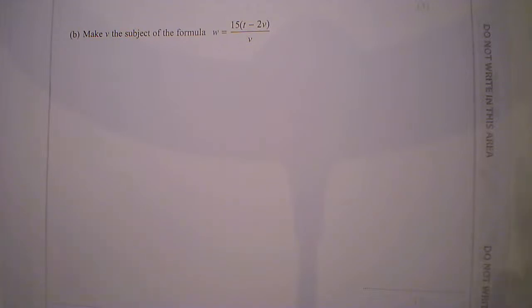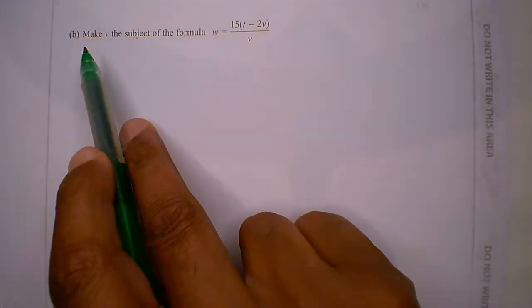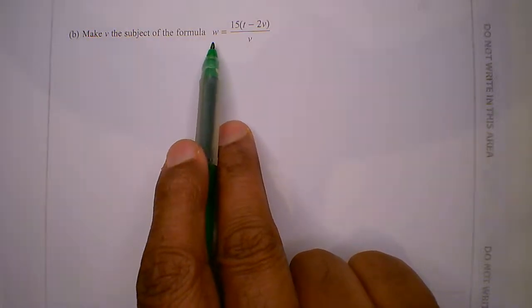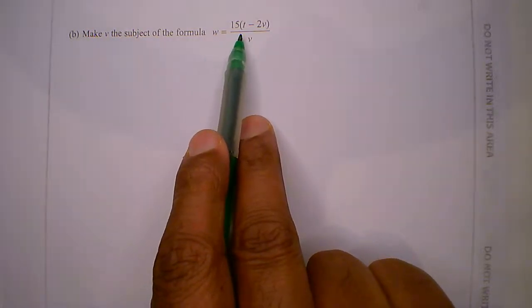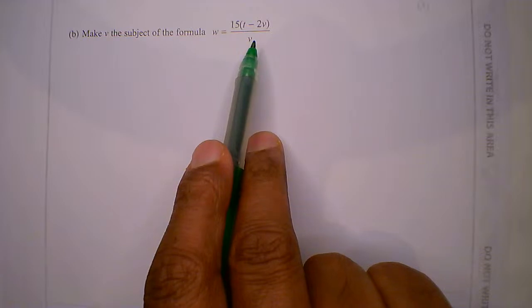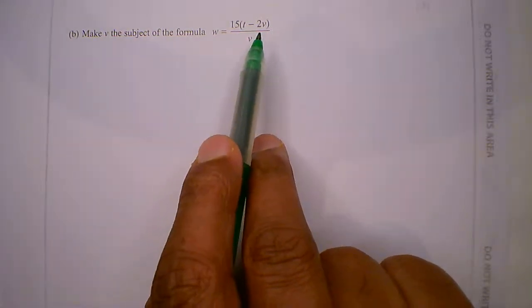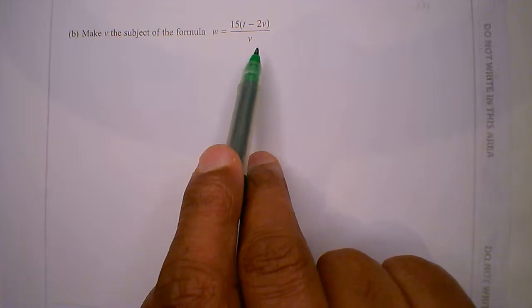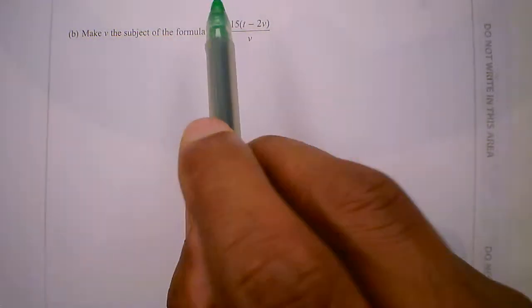All right, question 14b, the answer. Make V the subject of the formula, W equals 15 brackets T minus 2V over V. So the issue we have is we've got two V's. We've got a V at the top, V at the bottom. Now we have done a similar question before in the past, so it's exactly the same way.